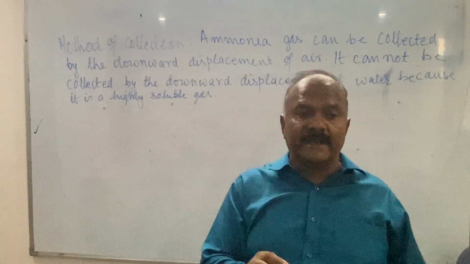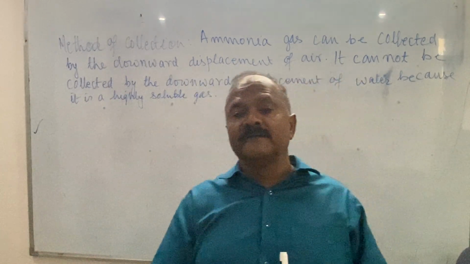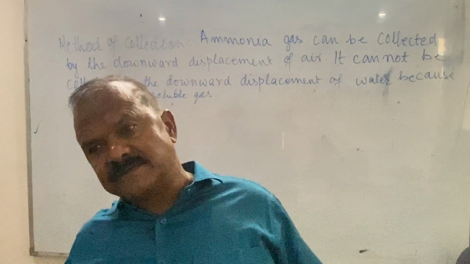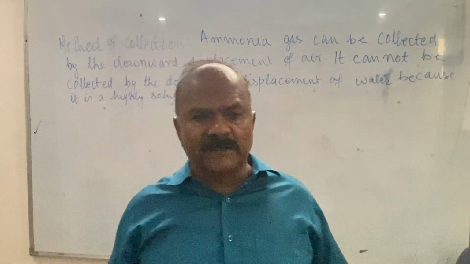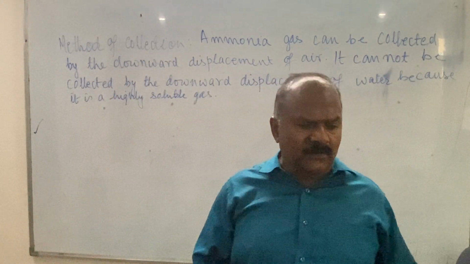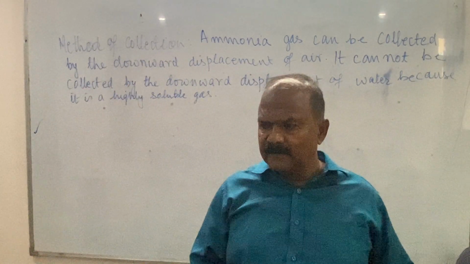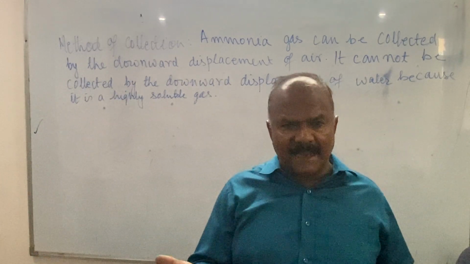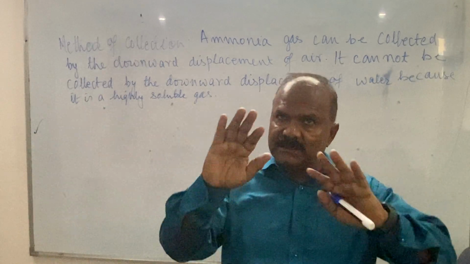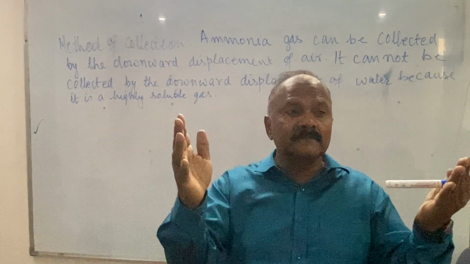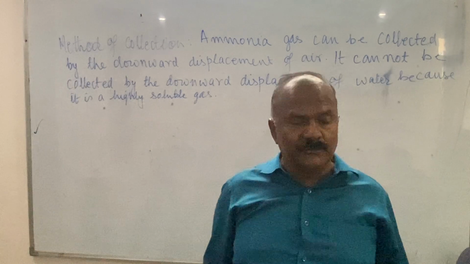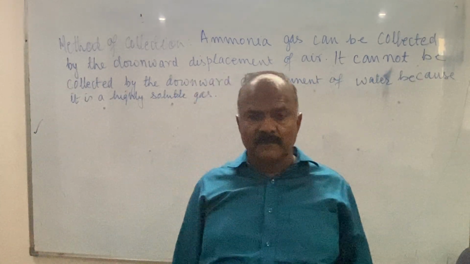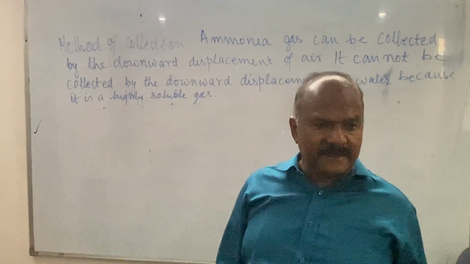You get dense white fumes of ammonium chloride, NH4Cl, which will further sublime and become solid. It will deposit on the walls of the flask. So that is your test.